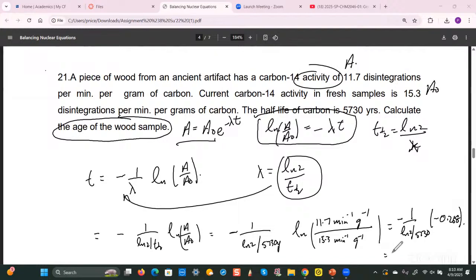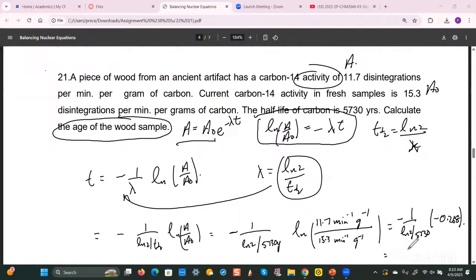So it is going to be 0.268 divided by ln2 divided by 5730. And according to my calculation, of course the minus sign will change that to positive.